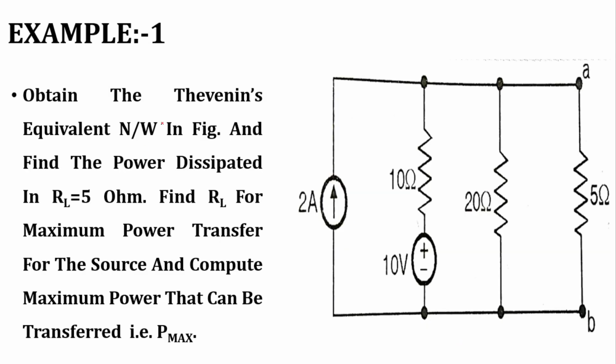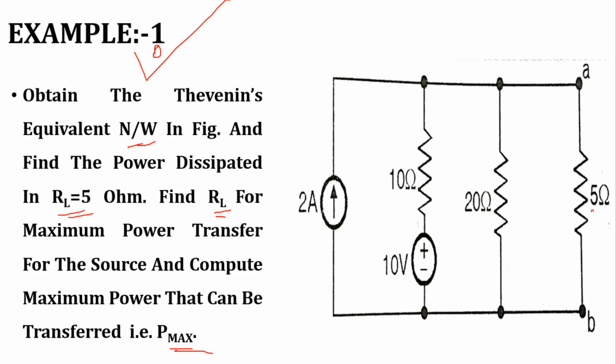Now let's solve one numerical based on the maximum power transfer theorem. The statement of the example is: obtain the Thevenin's equivalent network as shown in the figure, find the power dissipated in the 5 ohm resistor, find the value of RL for maximum power transfer from the source, and compute the maximum power that can be transferred.